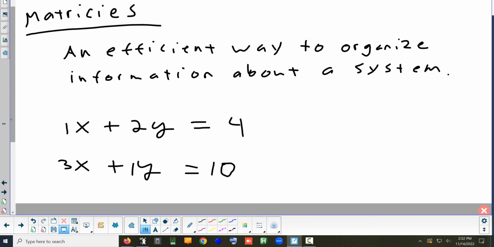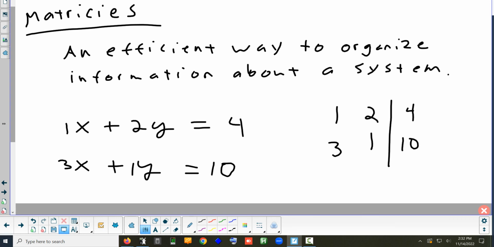The way you can write something down with a matrix is all you have to do is copy down the numbers that are in front of the letters. And then we understand that this first column is always x values. The second column is always y values. And the third column, we separate it with a line because that represents the other side. The third column is the numbers on the other side of your equation.